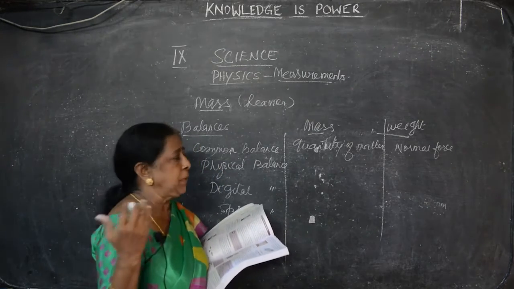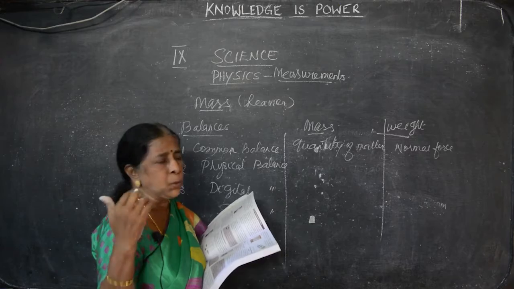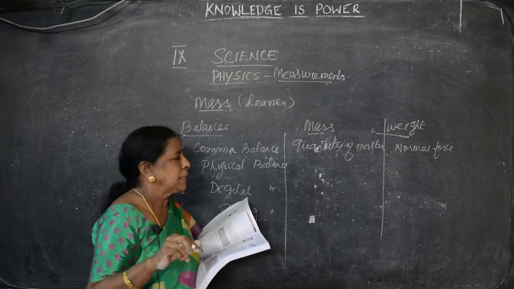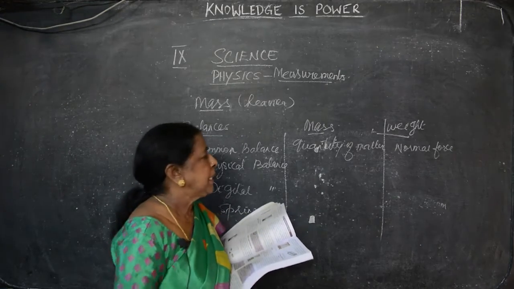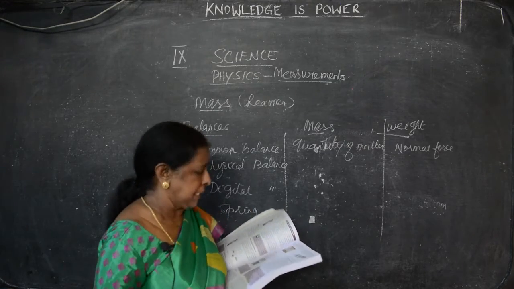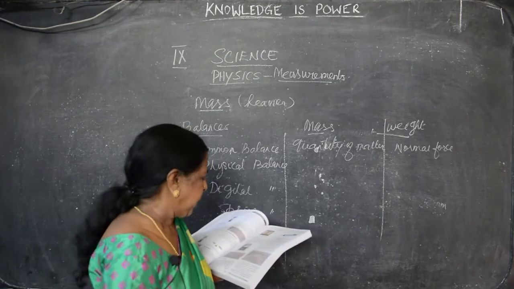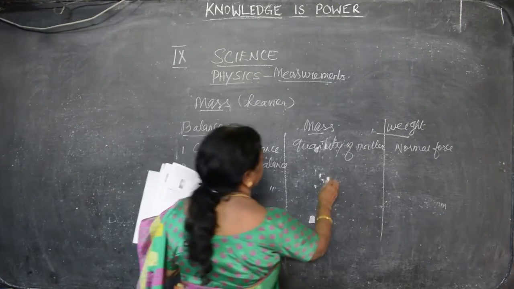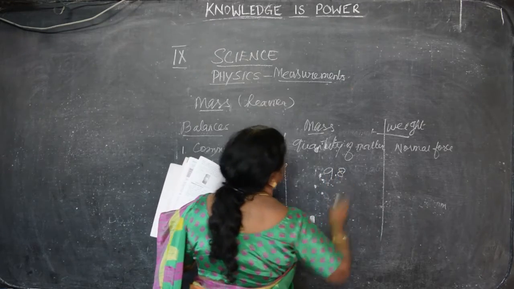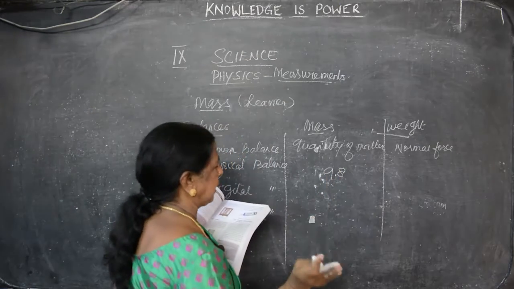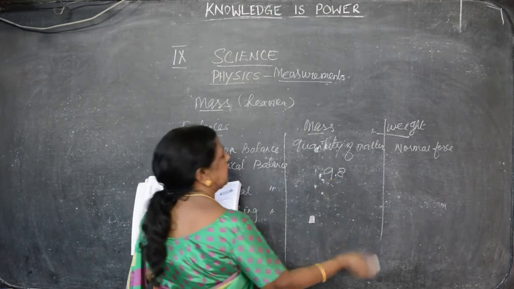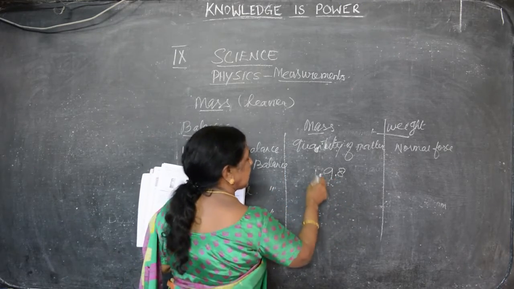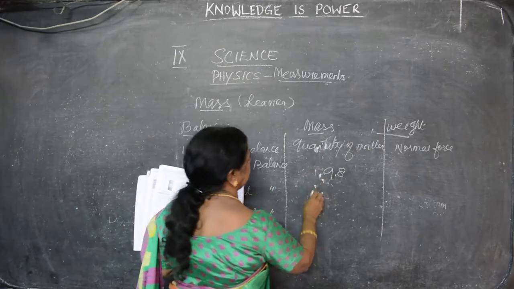Even with gravity, we used to say that in the moon there is less gravity, we have to float on that. So if a person weighs 60 kgs on the earth, in the moon his weight will be lesser because there is less gravitational force. By using this 9.8, the difference between the earth and the moon, we have to say 9.8. By multiplying, suppose I am 50 kgs on the earth, if I travel to space, what will my weight be?